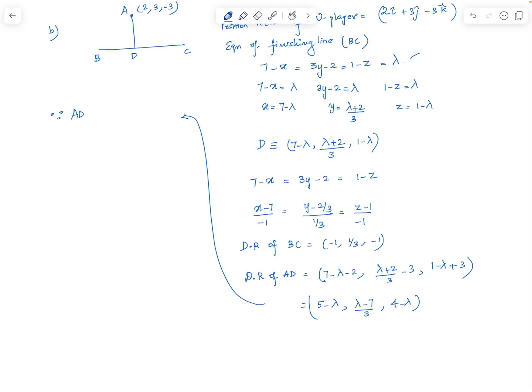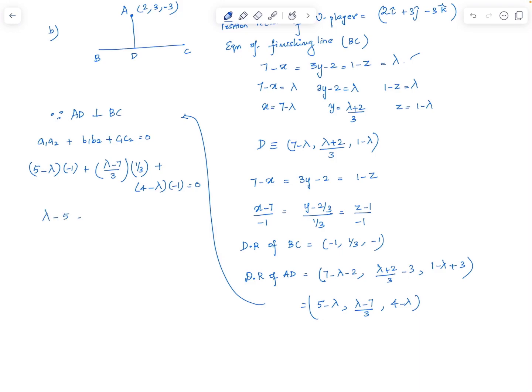Since AD is perpendicular to BC, A1A2 plus B1B2 plus C1C2 is equal to 0. (5 minus lambda) times minus 1 plus (lambda minus 7) upon 3 times 1 by 3 plus (4 minus lambda) times minus 1 is equal to 0.